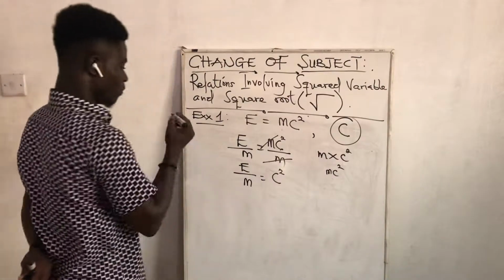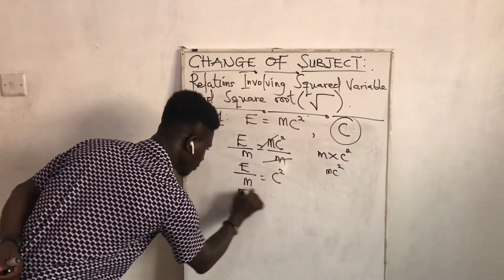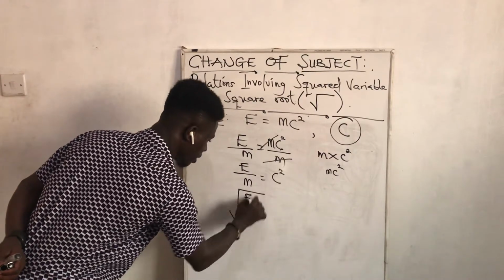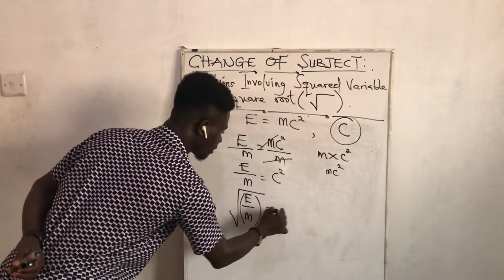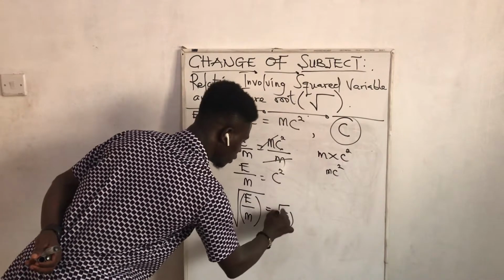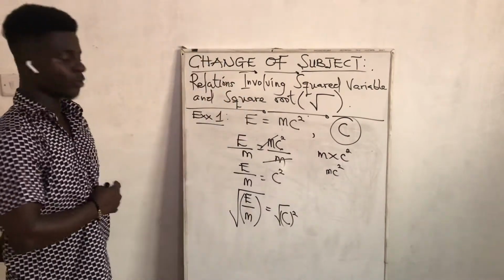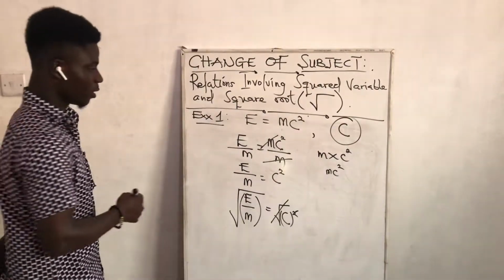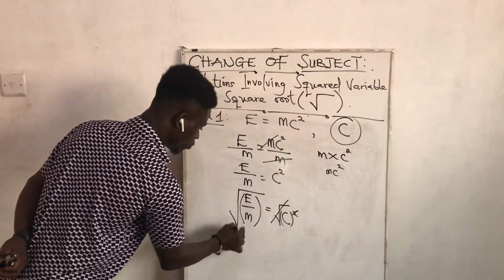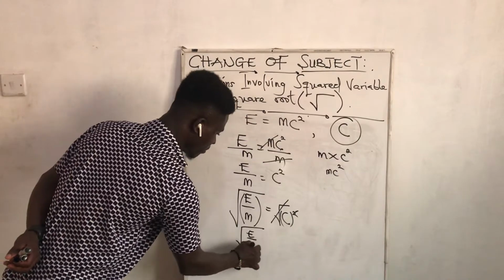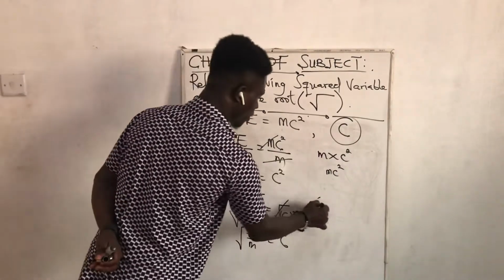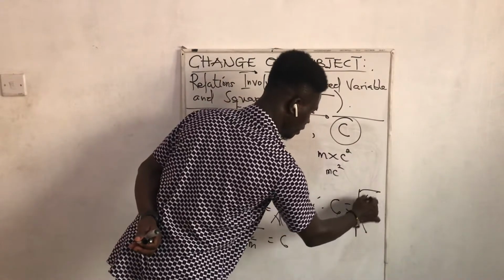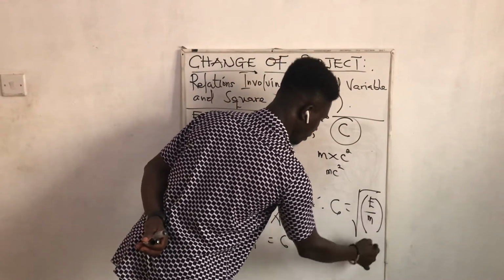So the square root of the whole fraction E on m equals the square root of c squared. This square cancels the square root. So I have the square root of E on m equals c. Therefore, c equals the square root of E on m.